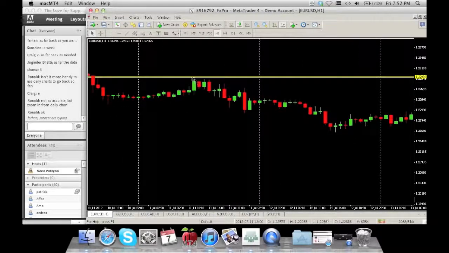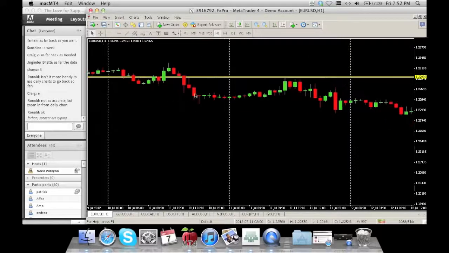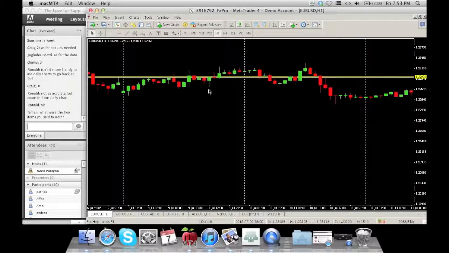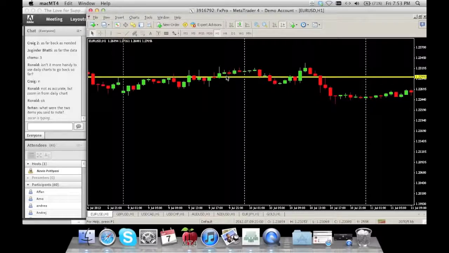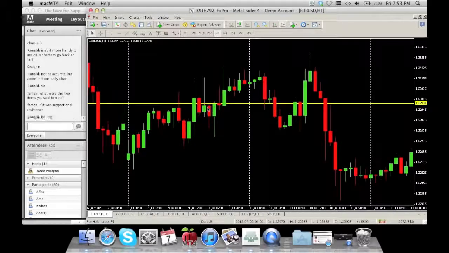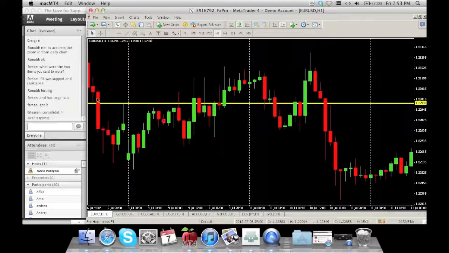Okay, almost pinpoint. Okay, now take a look at this area here. What do we have here? Resistance, and once it crosses above, does it use it as support? Okay, what do you guys see of this area?